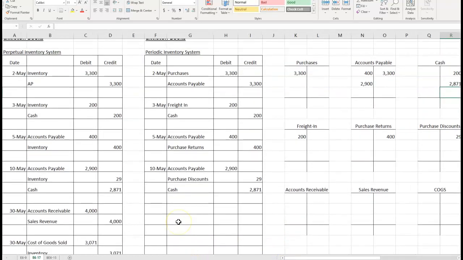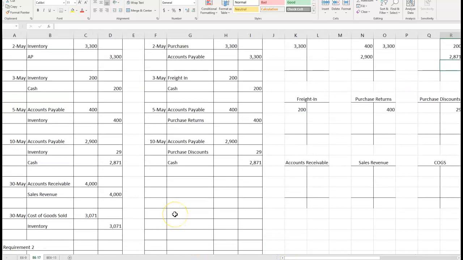Sale on May 30th. A sale is a sale. Debit accounts receivable, 4,000. Credit sales revenue, 4,000.